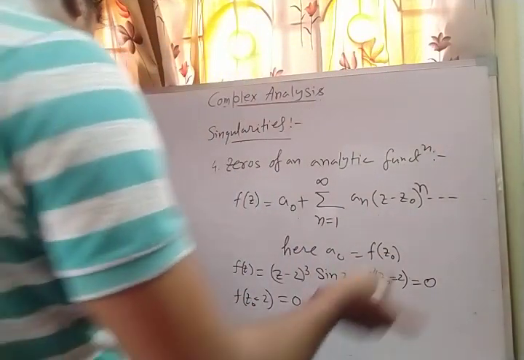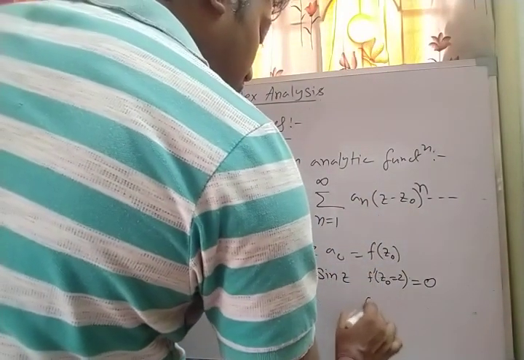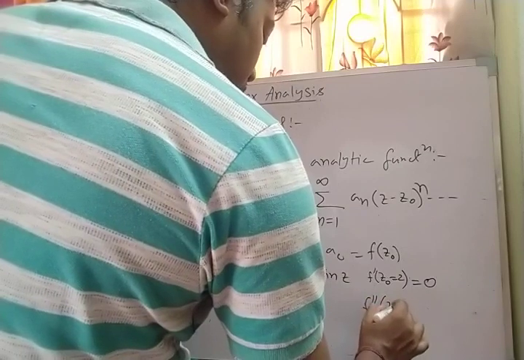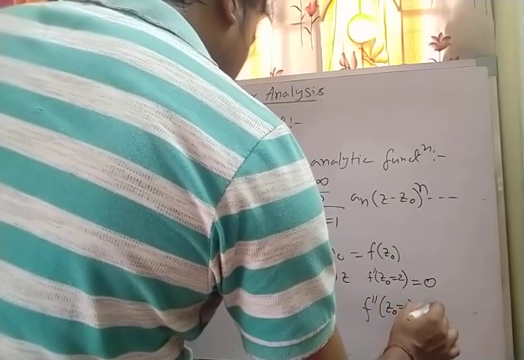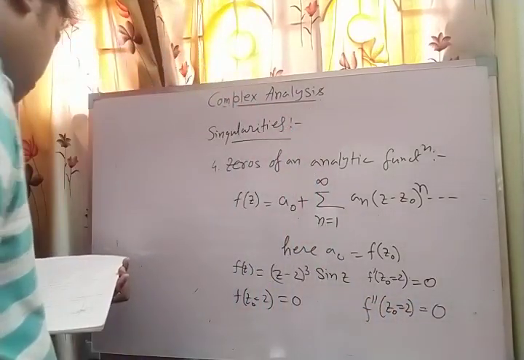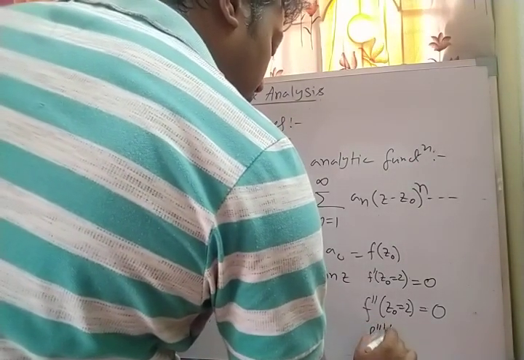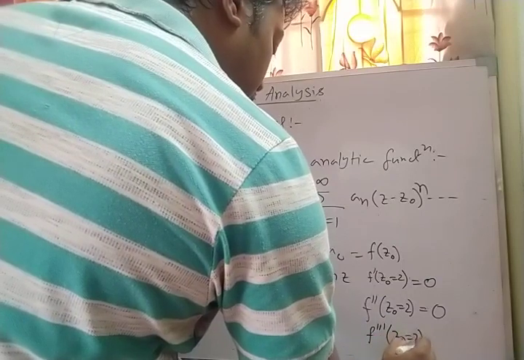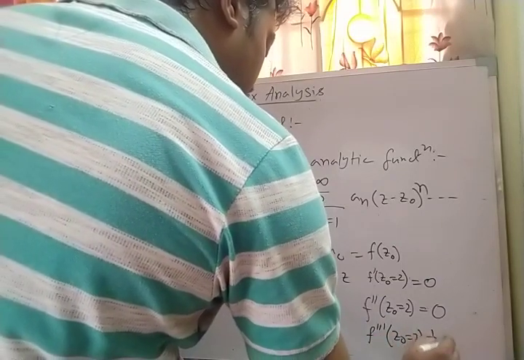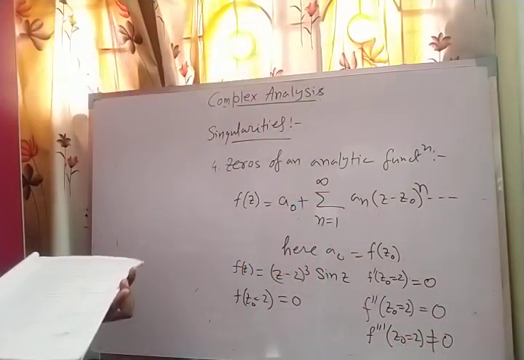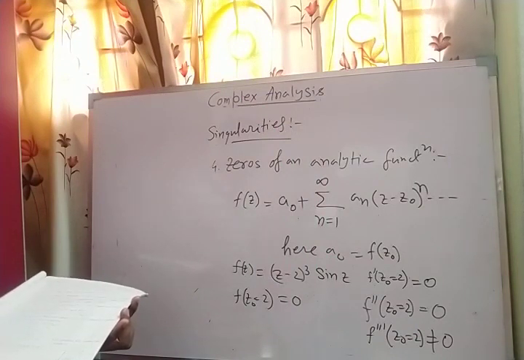Okay, and its second order derivative at z0 also gives 0, but its third order derivative at z0 equals 2 does not give the 0 value.